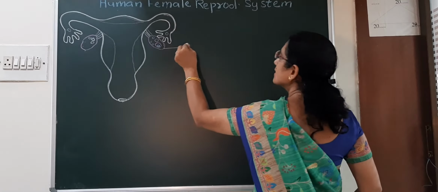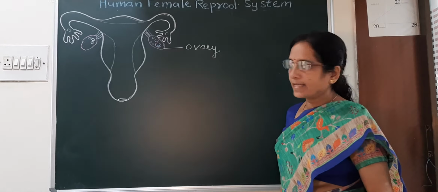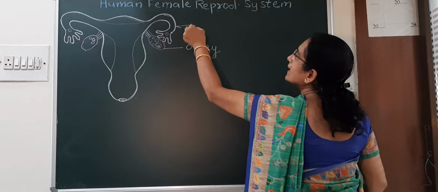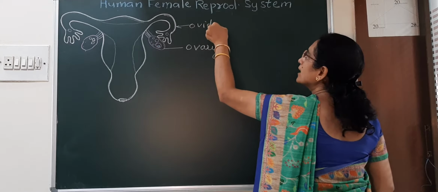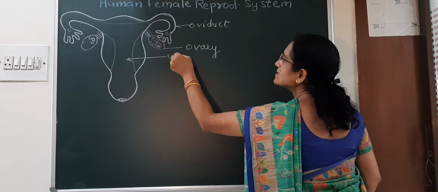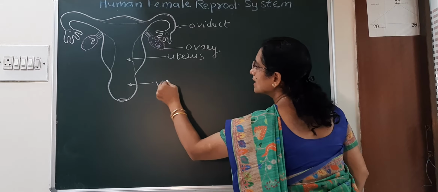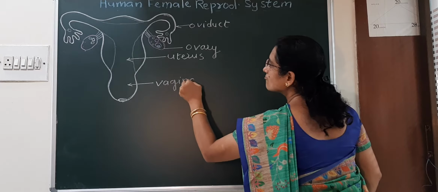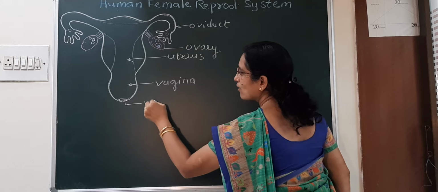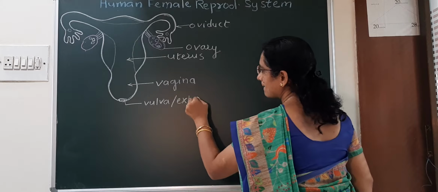First, the female gonads: a pair of ovaries, a pair of oviducts or fallopian tubes, and a bag-like structure, the uterus. The uterus continues into the passage called the vagina, and the vagina opens outside by the vulva or external genitalia.